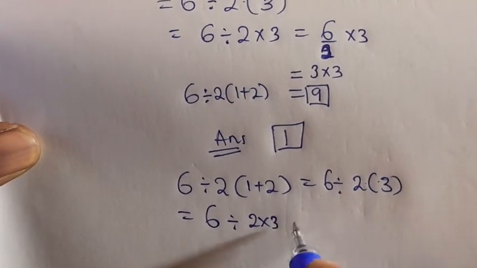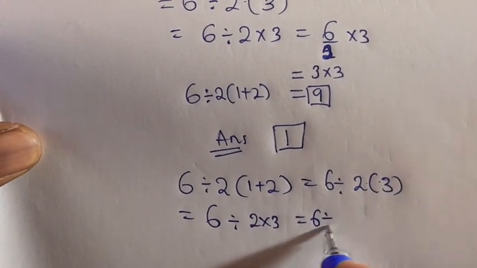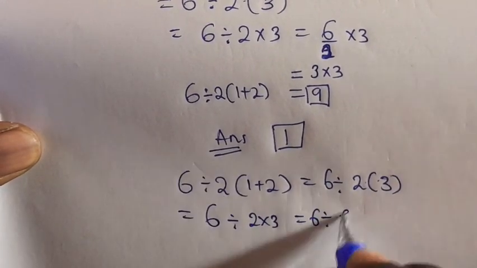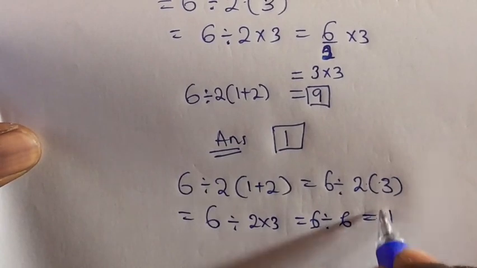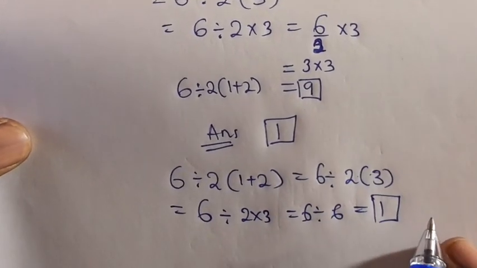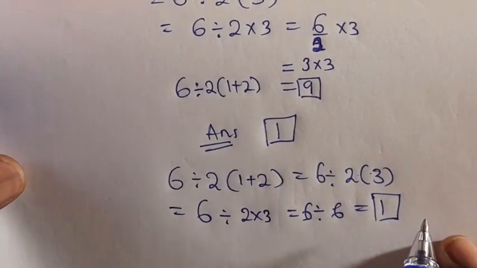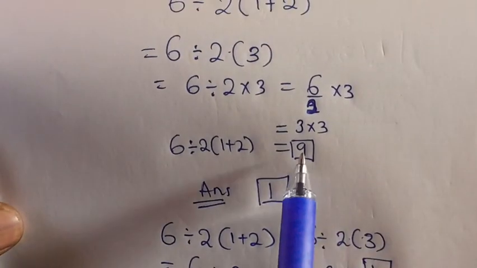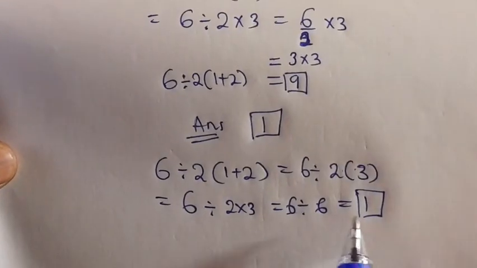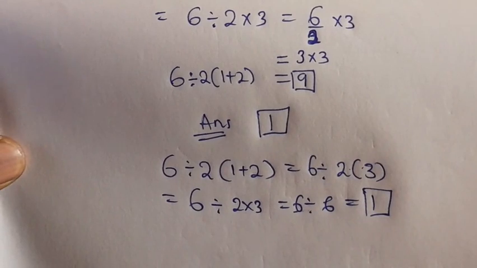They consider multiplication first, so 2 times 3 will be 6, and 6 divided by 6, you have it to be equals 1. And now there is a confusion, because we have 9, we have 1 to be answered. Now which one is correct?